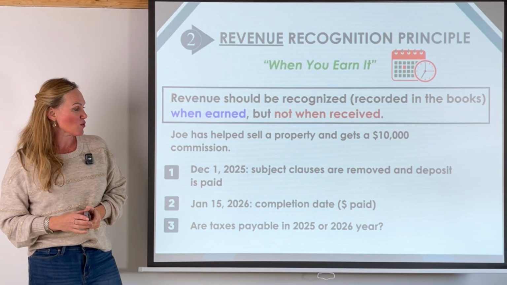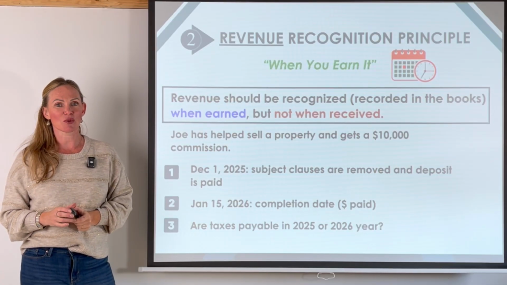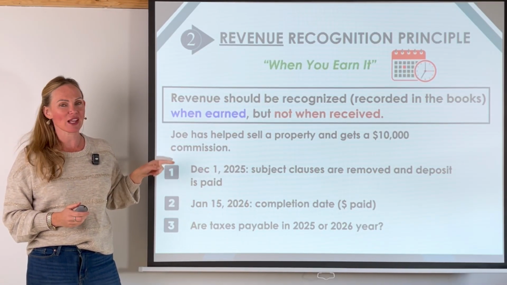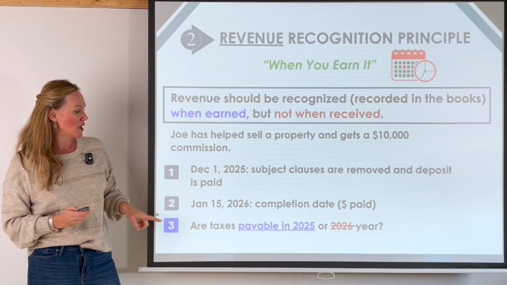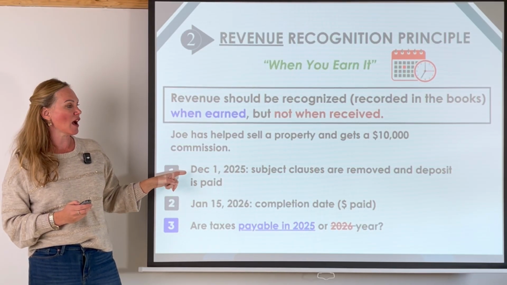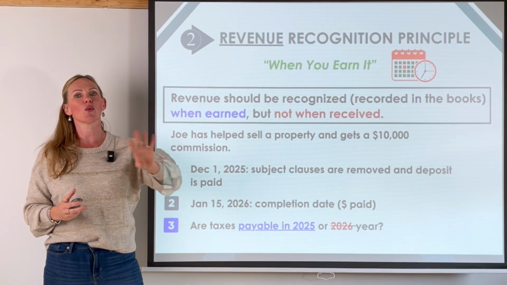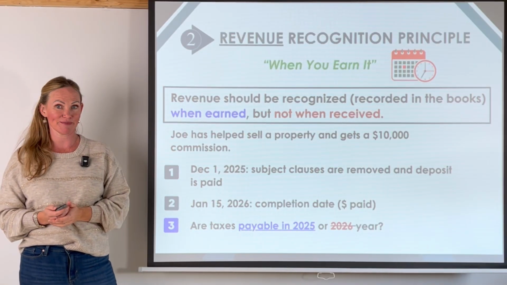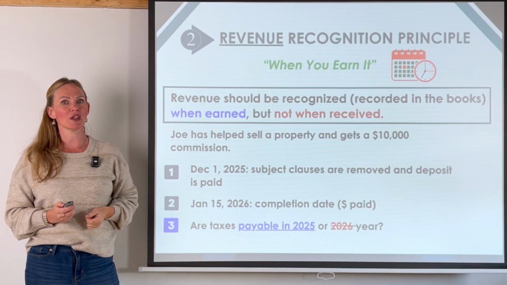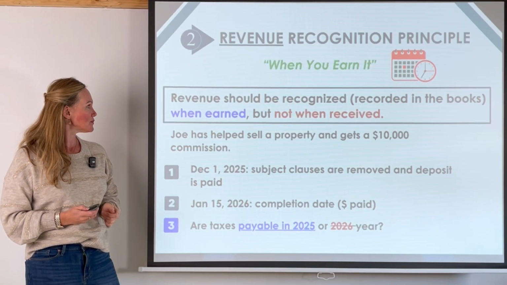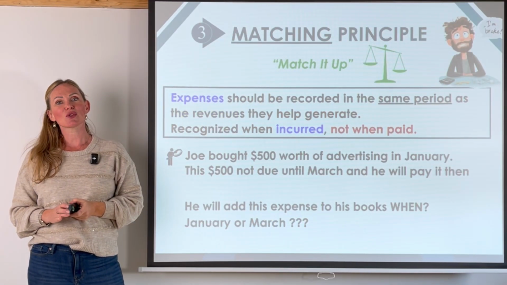January 15, 2026 is the completion date, and that's when you get paid. Which year are you going to put it as income for yourself? Hopefully you already know that. It has to be 2025. You put it when you earn it and not when you actually receive the money. When I say revenue, think of money coming to me and how I put it in my books. The next one is called matching.